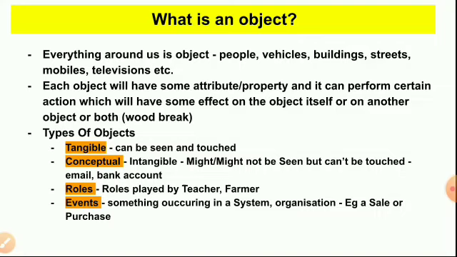And the last one is events. So an event object. So what is an event object? An event object is something that occurs in a system or an organization. So for example, let's say you have a shop, and you are the shopkeeper, and a customer comes to you.